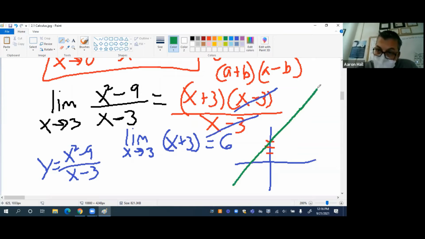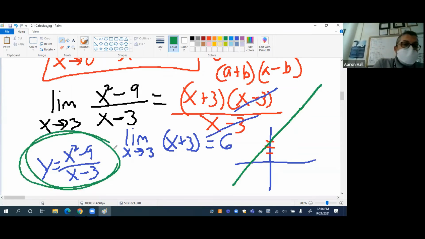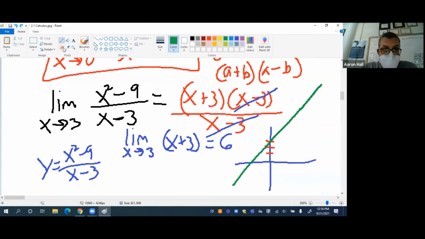But there's another important feature on this graph if I graph this. What is that feature? What's that? x can't equal 3. x can't equal 3. So at 3, 1, 2, 3, there is a hole in my graph right here. So I don't know if I could just do a little circle here, like that.